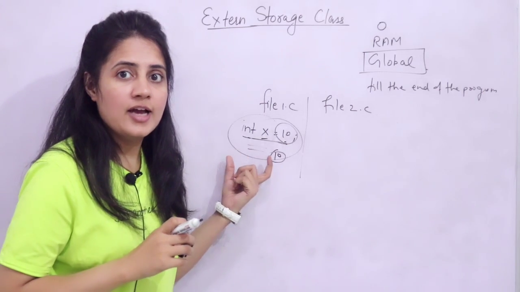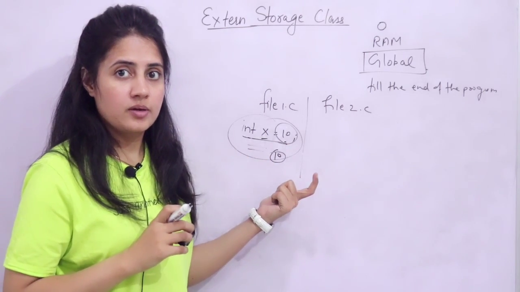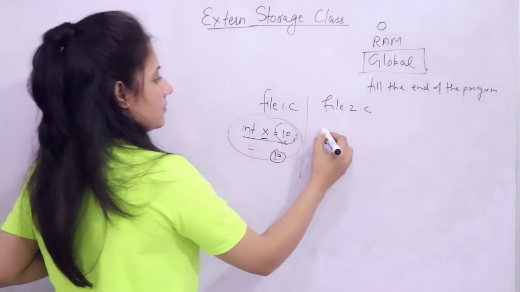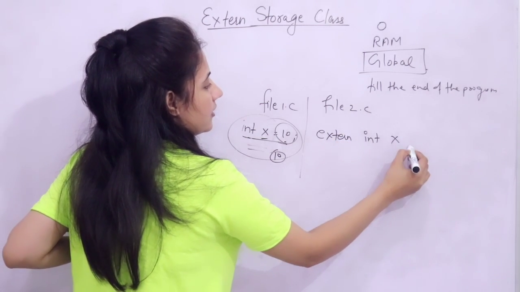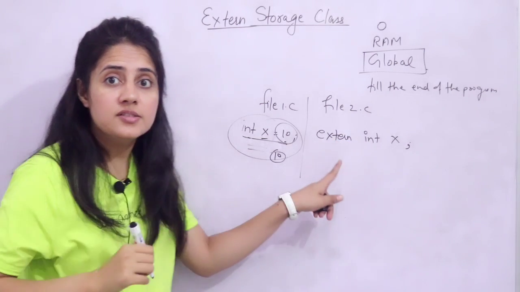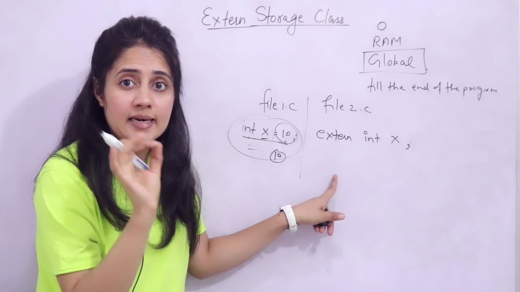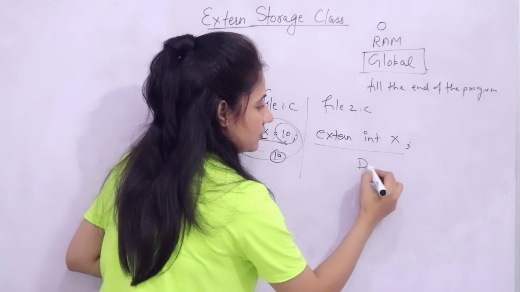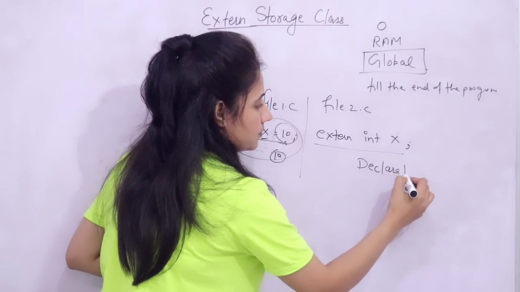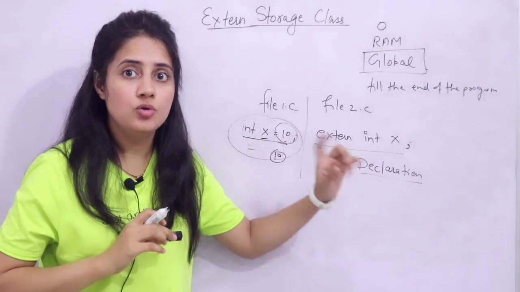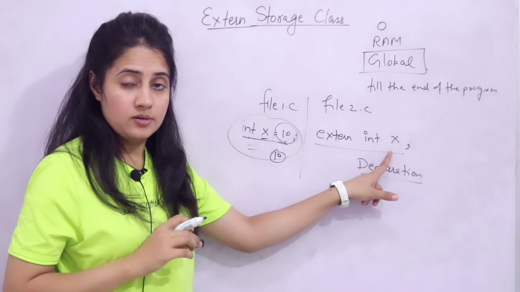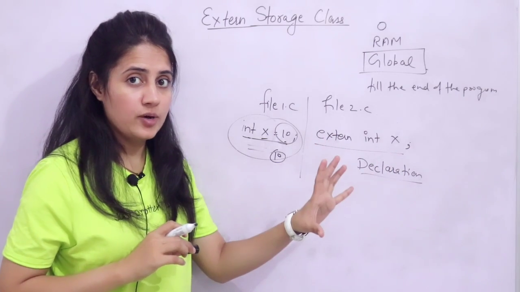So we have defined as well as declared. And if we use something like extern int x, this is just a declaration, no memory allocation for this x. I hope this is clear to you guys.